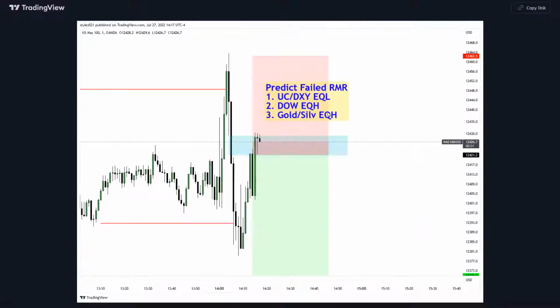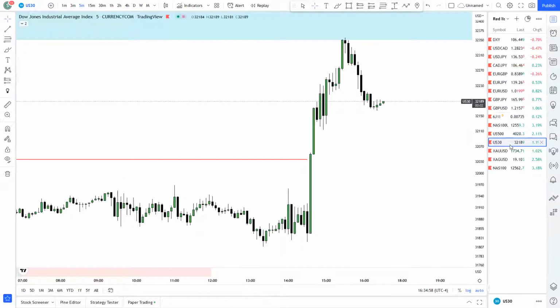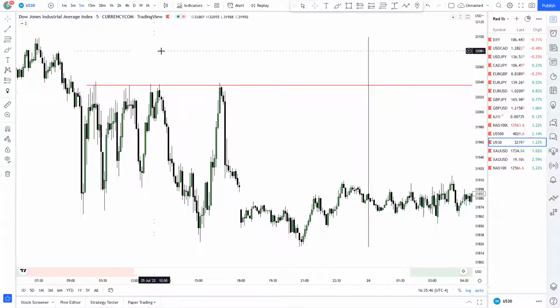The second reason I had over here is the Dow had equal highs. And we know that indices tend to move in unison, meaning if one of them goes up, most of them also go up. So let's have a look at the Dow over here, the US 30. We're on a 5-minute chart. Let's scroll back a bit and we'll be able to see these very clean relative equal highs. Resting above there is a lot of liquidity, and so price will be drawn to that area.